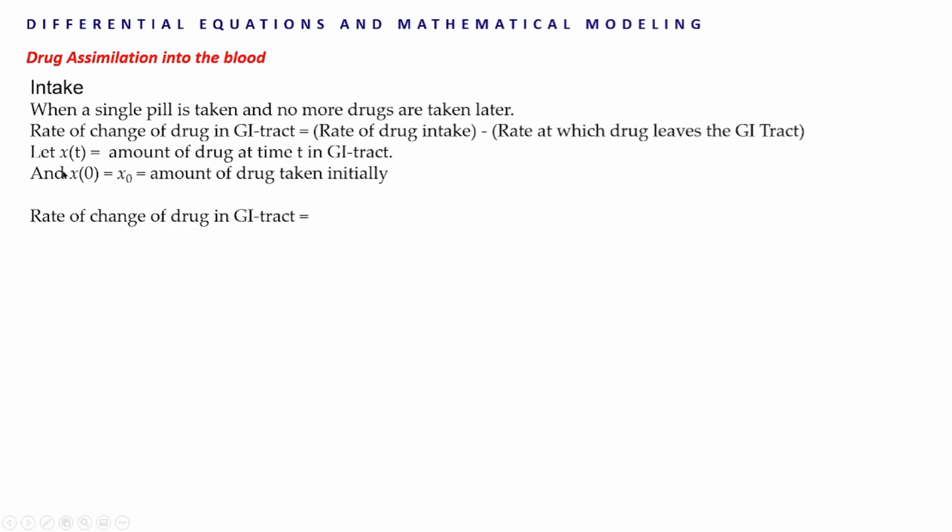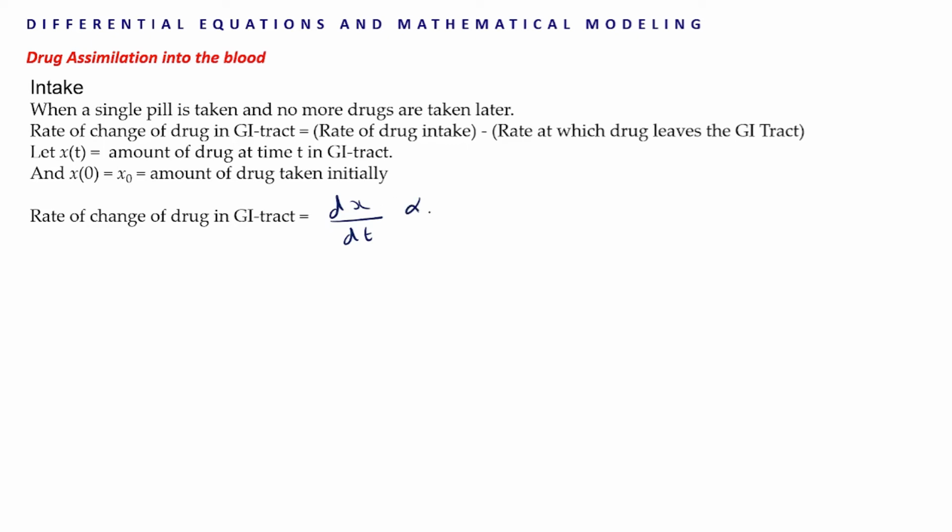So if we take x of t as the amount of drug at time t in the gastrointestinal tract, and x of 0 equal to x naught, the amount of drug taken initially, then the rate of change of drug in the gastrointestinal tract is given by dx by dt.